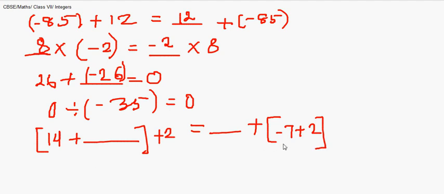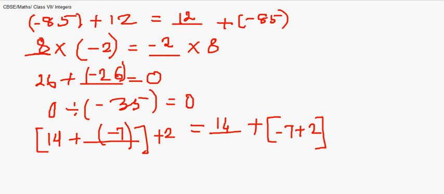Now if it is minus 7 plus 2, if you recall, this is the associative property. I will substitute here with minus 7 and this will be 14. These are the basic questions. Now these were just fill in the blanks applying the properties of integers.